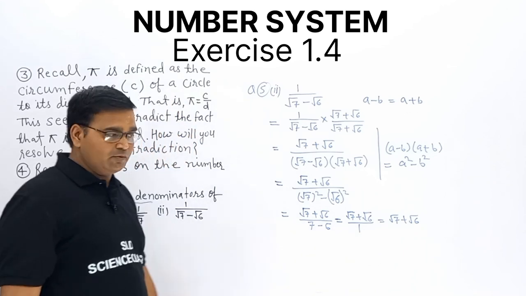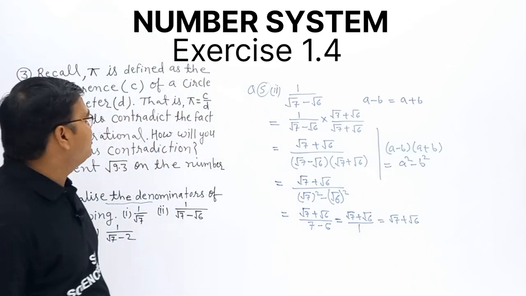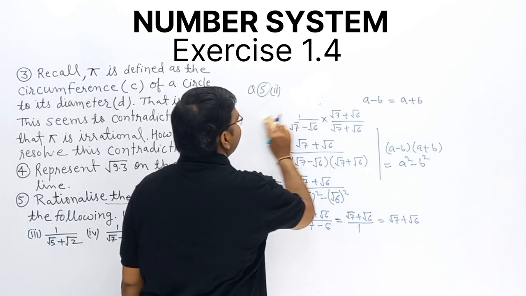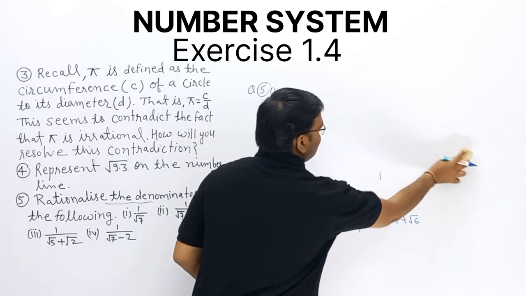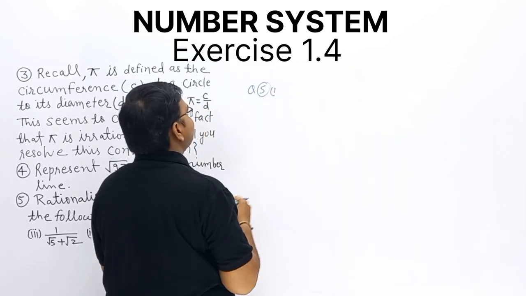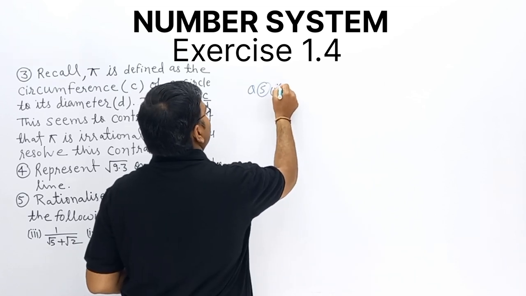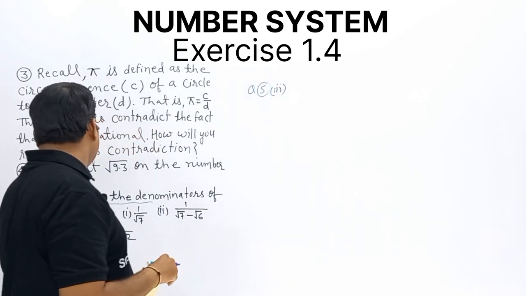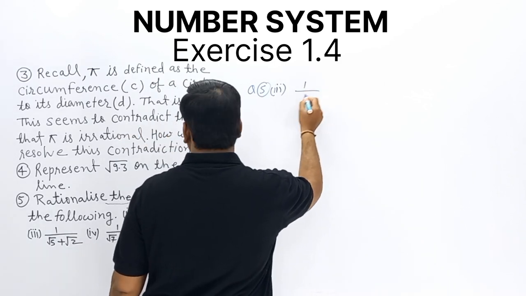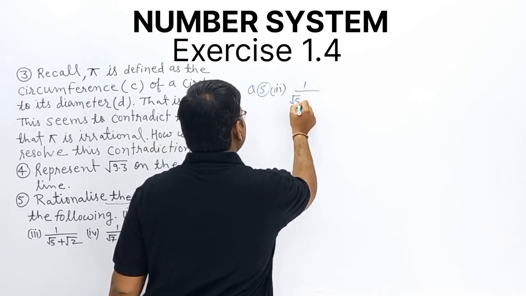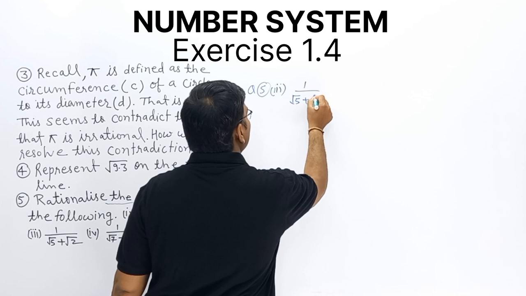Okay. Now the third question. Question number three: 1 upon root 5 plus root 2.